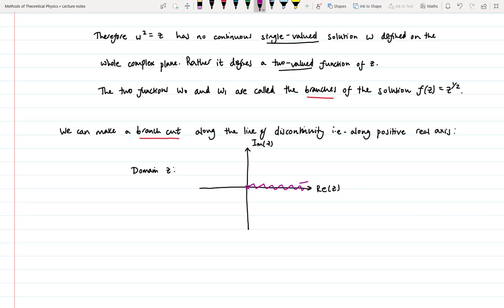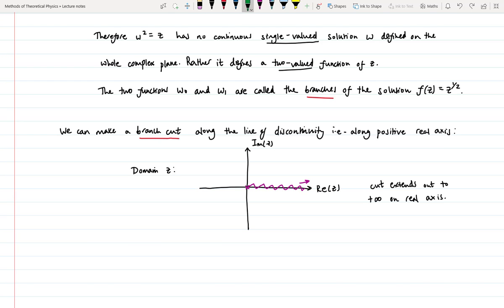In this case, extending off to plus infinity on the real axis. I'll note cut extends out to positive infinity on the real axis.